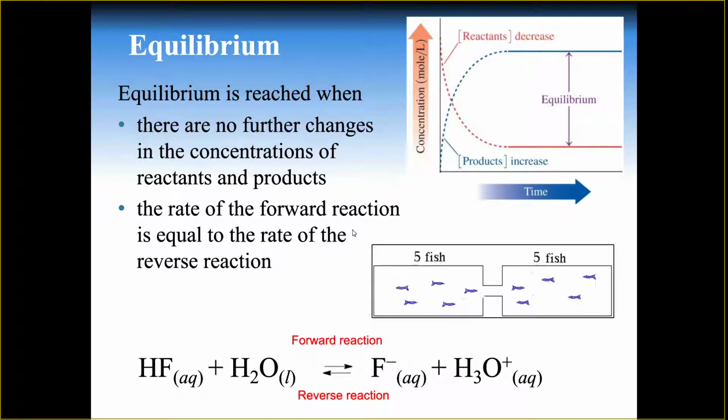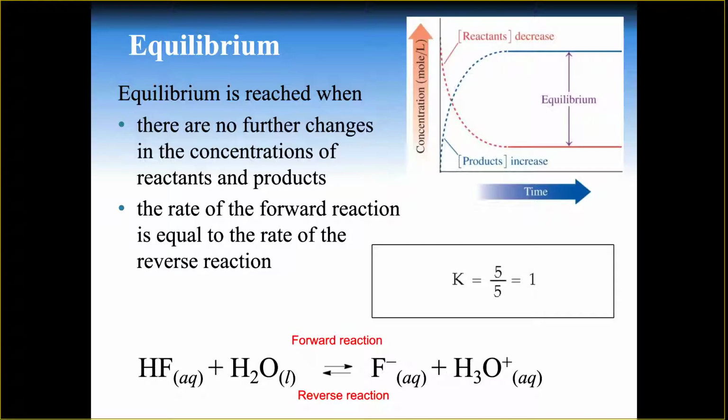Equilibrium is essentially saying that it's going the same speed forward as it is backwards. Remember, reactions most of the time can go back and forth, right? This is looking at hydrofluoric acid mixing with water. Remember we said hydrofluoric is a weak acid, so it doesn't dissociate that much.